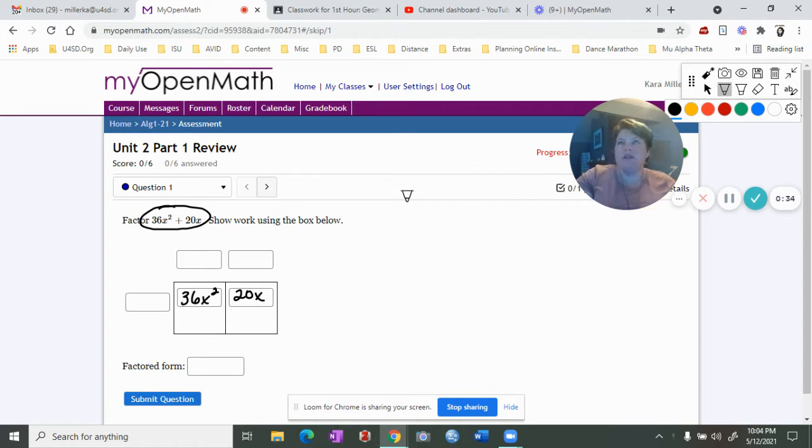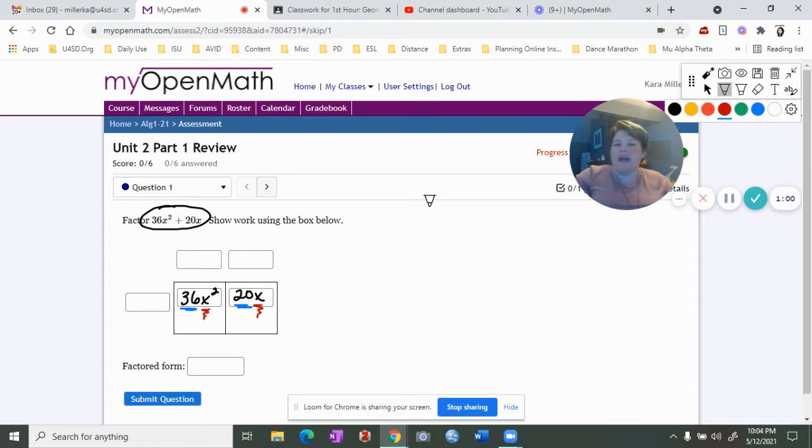So when I am looking for what to take out of my binomial here, I'm going to look at my coefficients, 36 and 20, and ask myself, what do they have in common? What are they both divisible by? And I'm going to ask the same question looking at the variables, x squared and x.